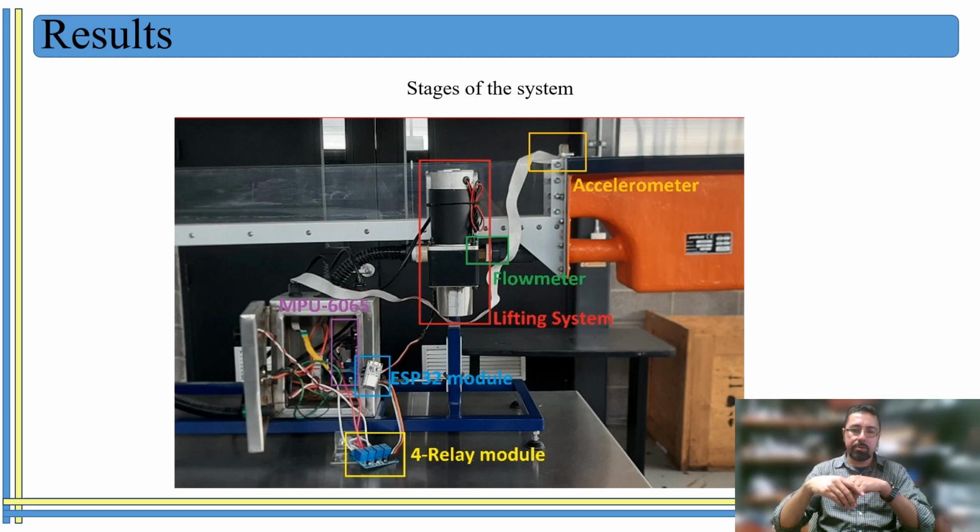And we have the flow meter connected by the hose in order to measure the water, and we have the relay set to start the motor, and inside that box we placed the controller for the DC motor.